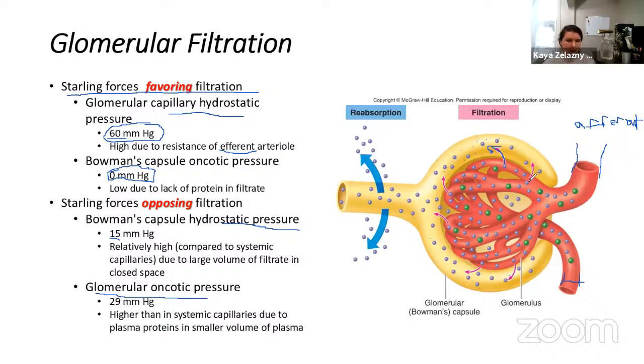So there is a pull towards them, pulling filtrate back towards the capillary. This is higher than in systemic capillaries as well, because as we lose fluid into the filtrate, so as water molecules actually do move out and into the nephron, this kind of concentrates our proteins. So it's higher than the values we saw when we were looking at net filtration in the capillaries as well.